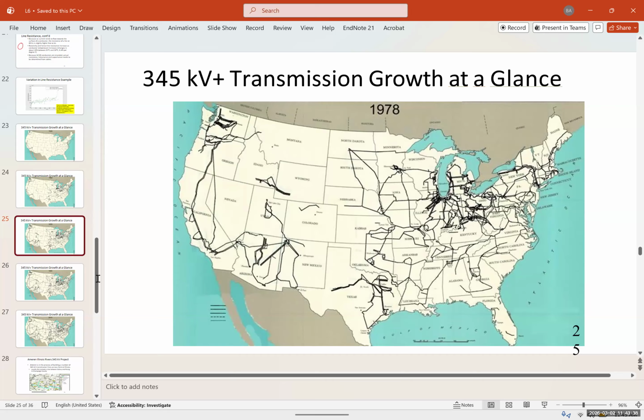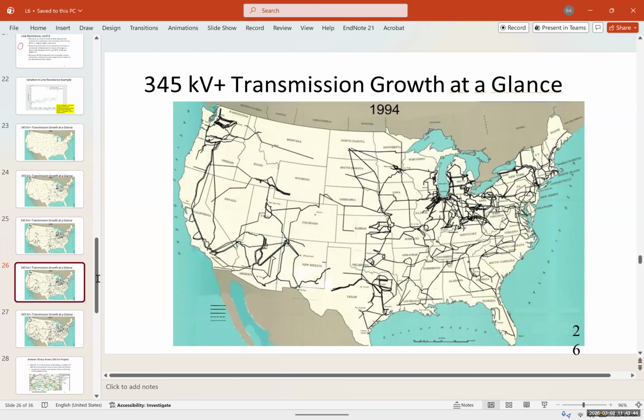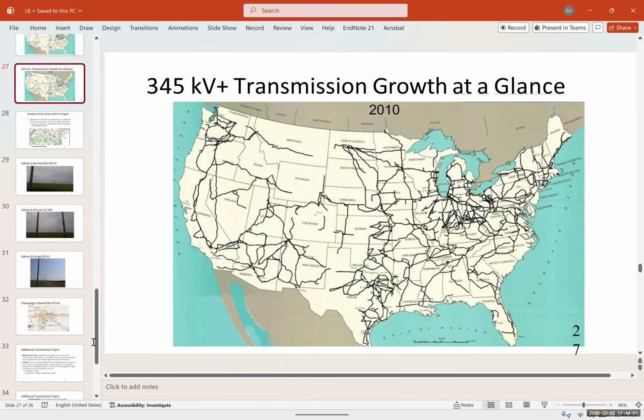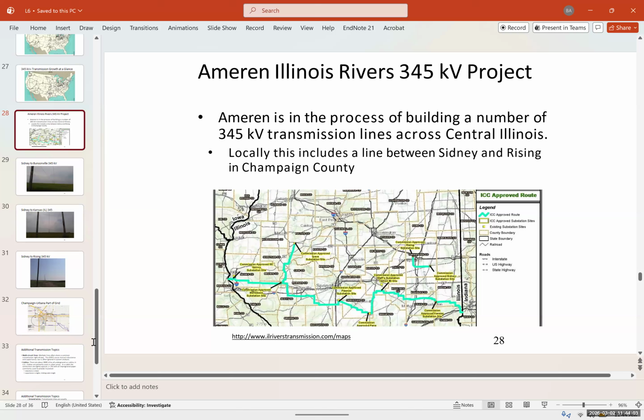And on the West Coast, it went from Seattle down to Los Angeles. Then in 1994 and 2010, and it's still growing, especially with the growth of data centers. Again, this shows the importance of these high transmission lines and a system that is able to manage and measure the capacitance and inductance.